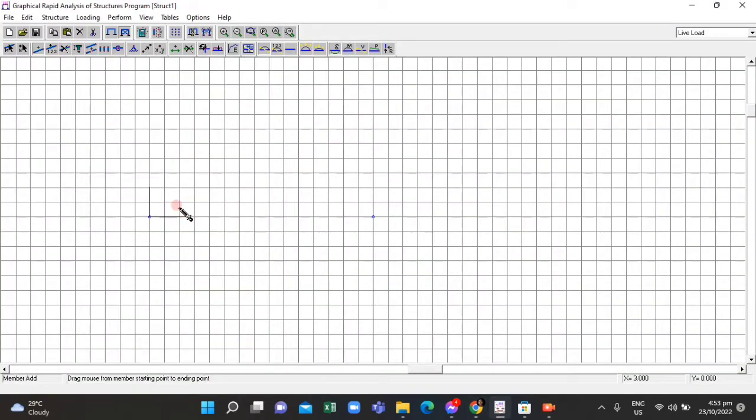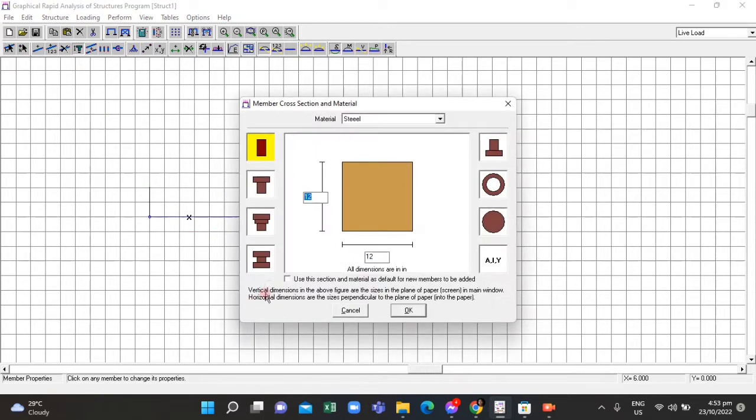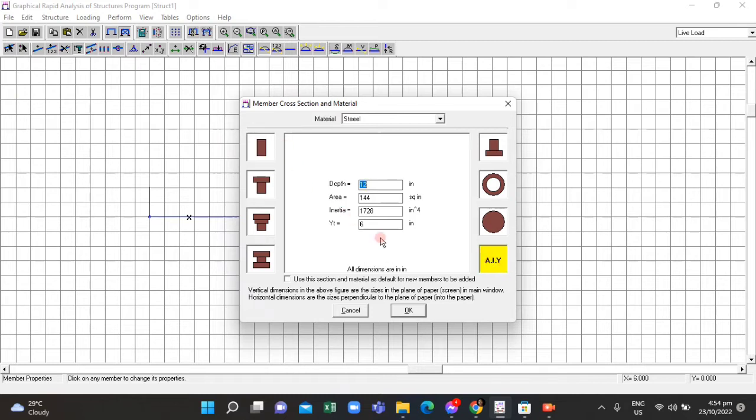So here we're going to add a member, and I'm going to define these members with their cross-sectional properties. I'm going to use the AISC shapes, referencing the given material properties in the problem, since it requires the input for the inertia, the y top, the area, and the depth. So here the depth is 4, since it's 4 by 3 by 3 over 8.